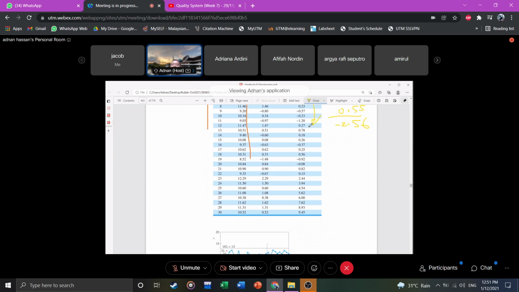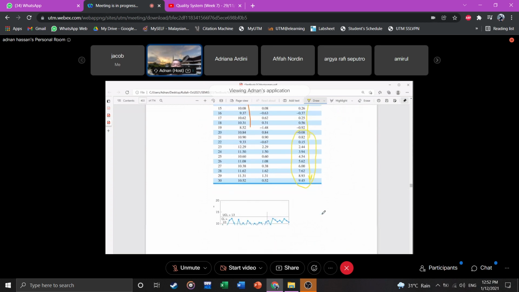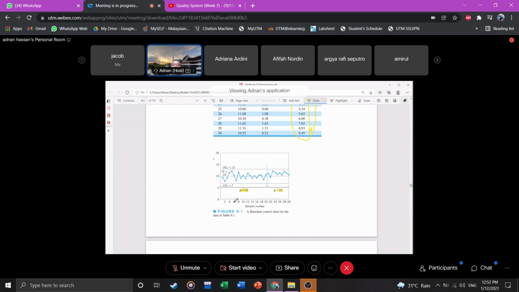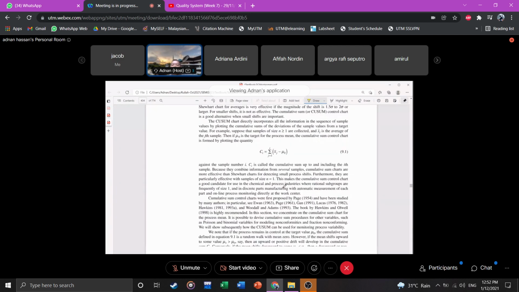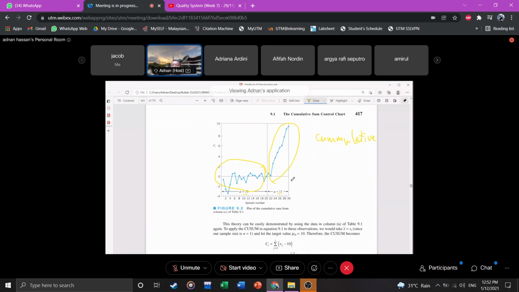When we keep using that formula, the value keeps increasing, especially from this point, where the shift has already happened. The process has shifted. If we plot here, you cannot see. But when we plot using the Q-sum, we see the increase.